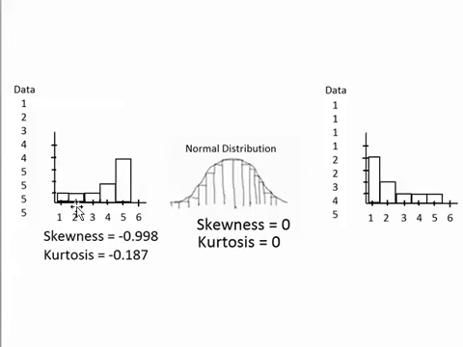So sometimes it's hard to judge, really. I think kurtosis is a little bit harder to judge just by looking at it than skewness is. Skewness often stands out more clearly.